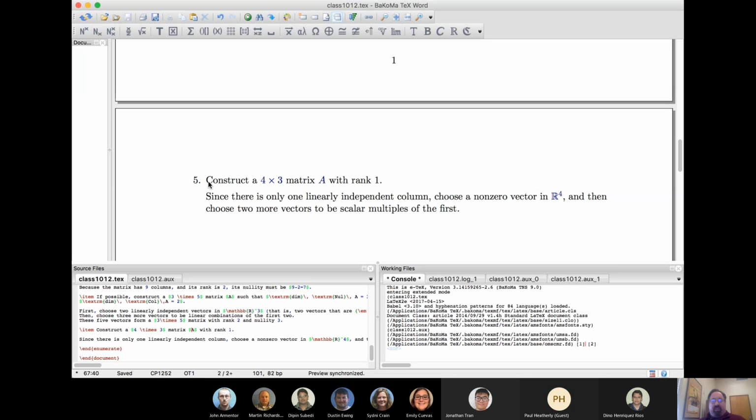Rank 1 matrices are actually very important in numerical linear algebra because rank 1 matrices can be used to describe small changes to a matrix, for example, changing one entry.